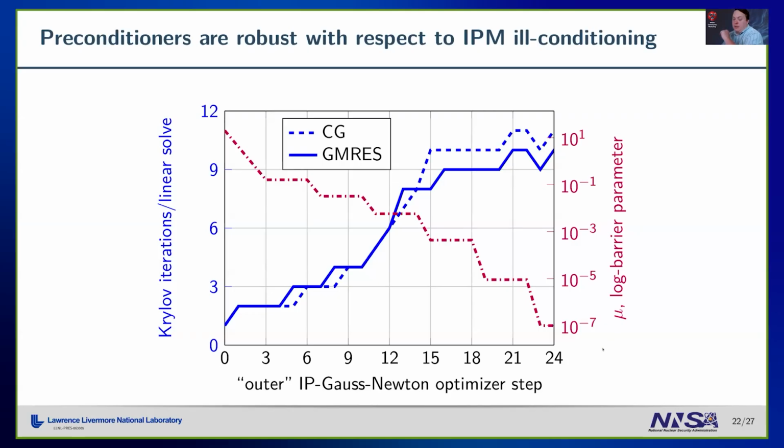The interior point Gauss-Newton matrix is getting more and more ill-conditioned as we progress from left to right. But the preconditioned matrices are fairly insensitive to that, reflected in the number of preconditioned Krylov-subspace iterations needed to solve these linear systems, flattening out at about 10, 11.